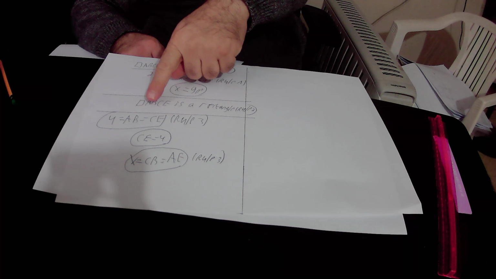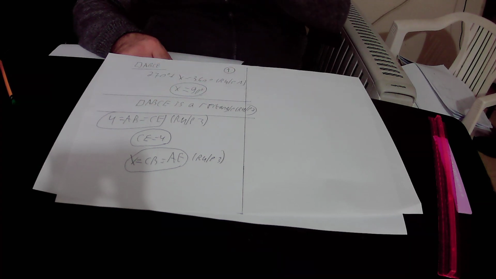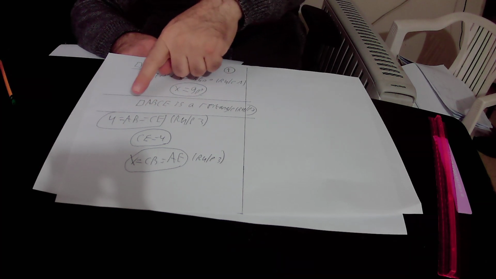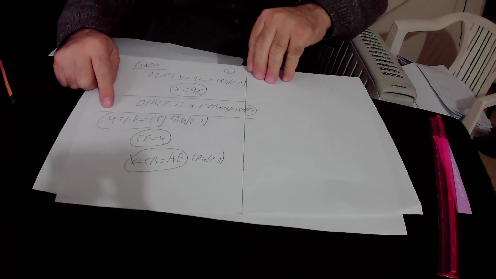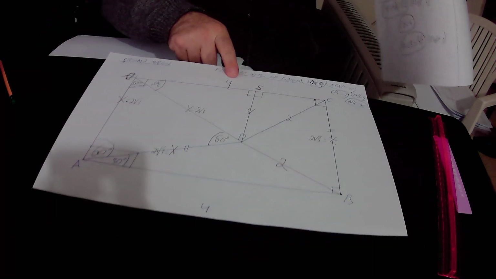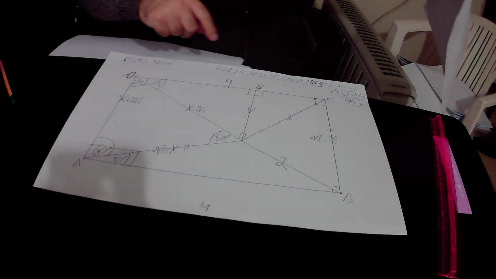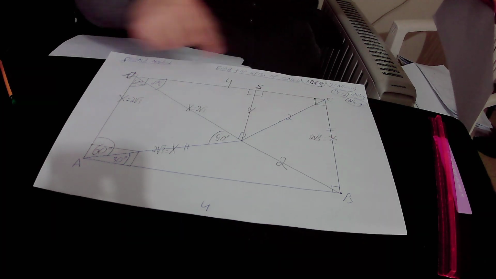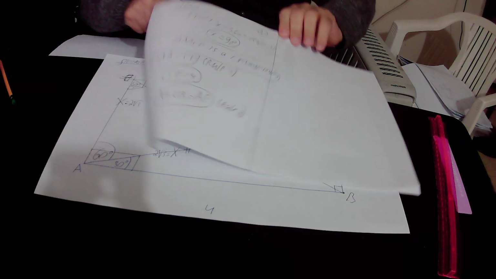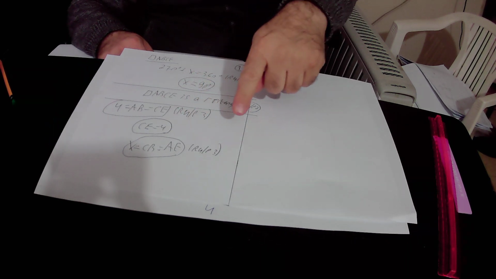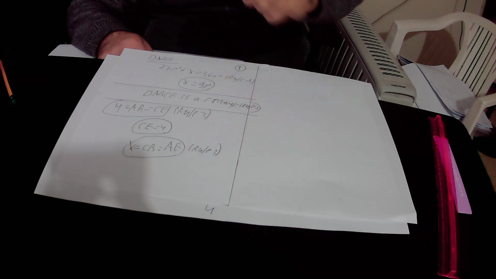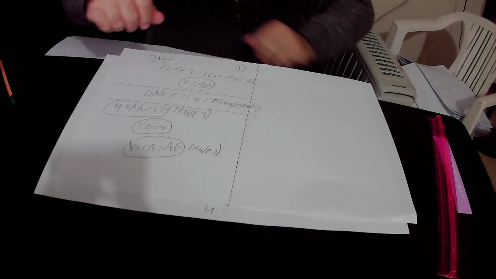But we know that AB equals 4 units. It is given in the question. From this, we derive that CE also equals 4 units. Likewise, BC equals AE according to rule number 3, the rule that the opposite sides of a rectangle are equal to each other.